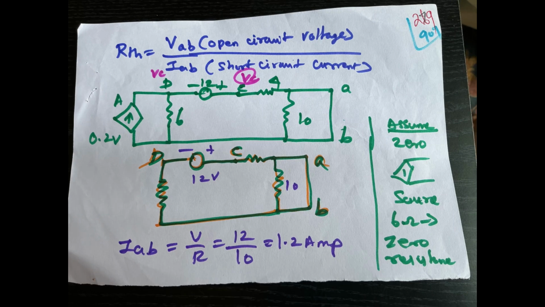The 0.2 source is considered 0. IAB found from the above circuit is 1.2 ampere. That is the short circuit current. From this IAB and VAB value, we find RTH is V divided by I.